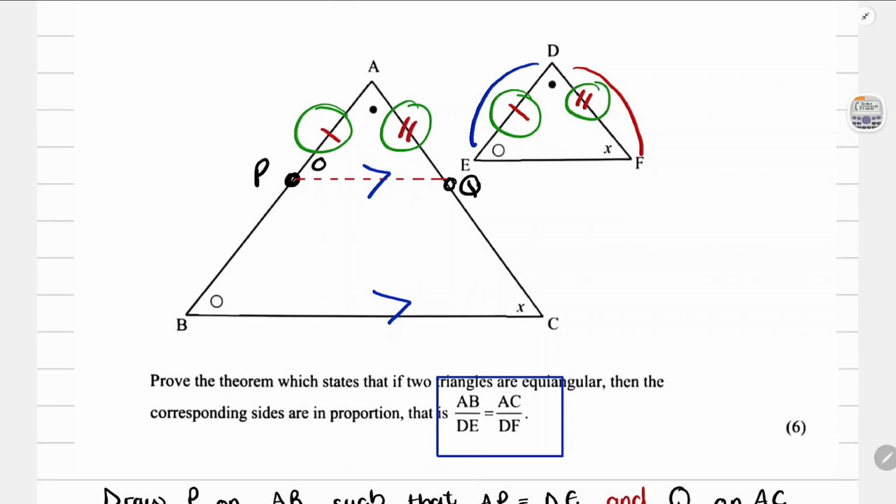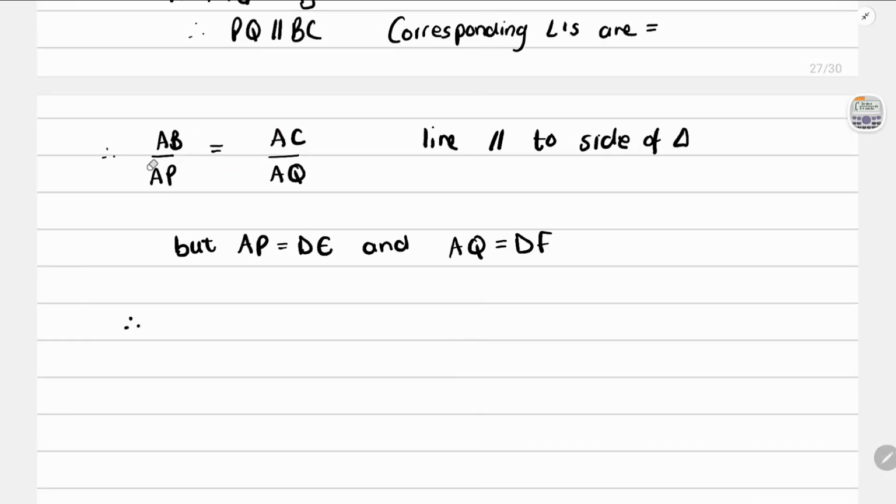That's really what we're doing now. So I'll tell them, but I already know that AP equals DE and AQ equals DF. And because we know that, we can actually substitute them here. So AB over, and then I see AP, but we told them that we knew that AP was already equal to DE by construction.